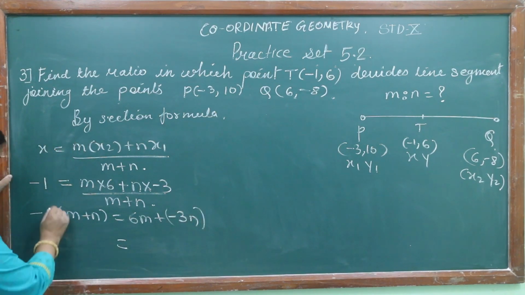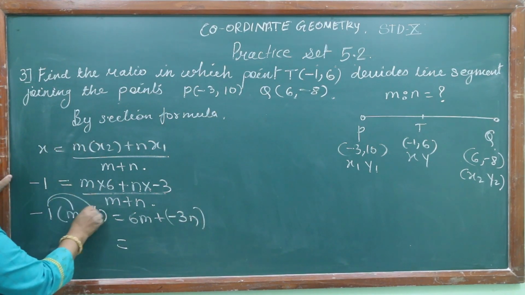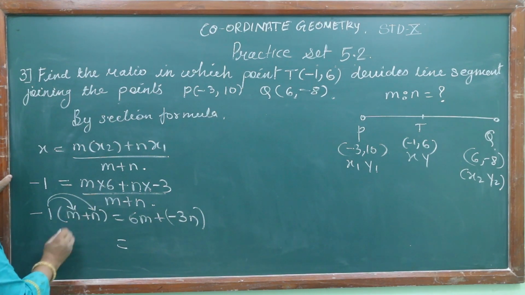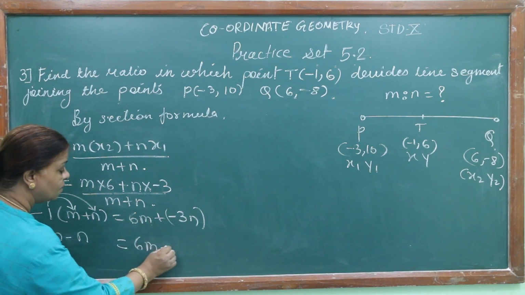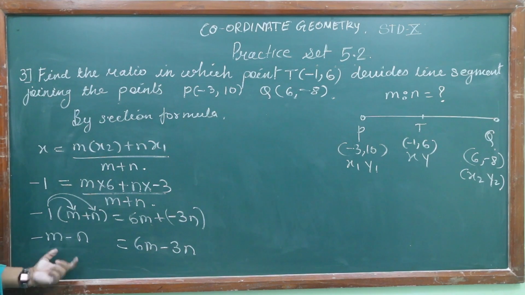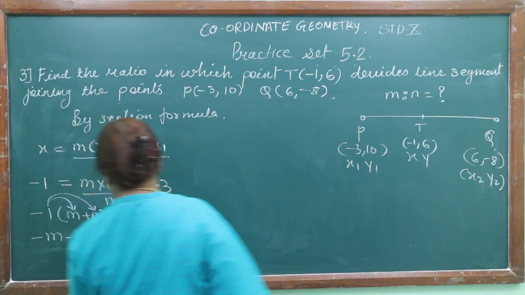That would be minus 1 multiplied with everything inside: minus m minus n is equal to 6m minus 3n. Now see, this is m, this is also m, this is n, this is n.